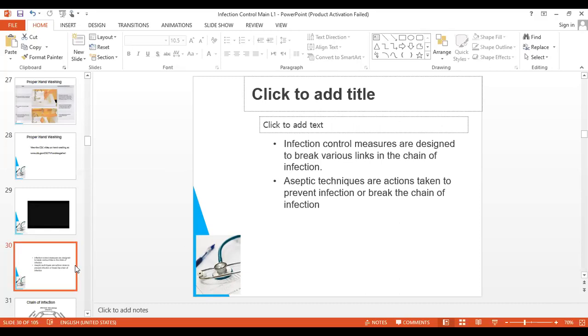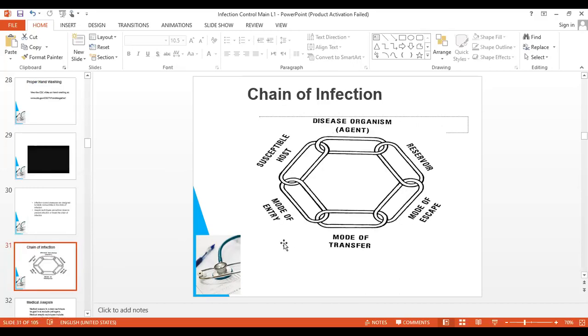Any breakdown or any actions taken to avoid continuous chain of infection of these 6 elements is the main target of infection control procedure. بقى احنا كل الانفكشن كنترول بروسيجر بيركز على how to break down one of these chains. اوكي.